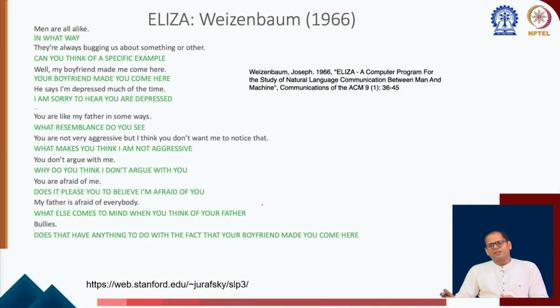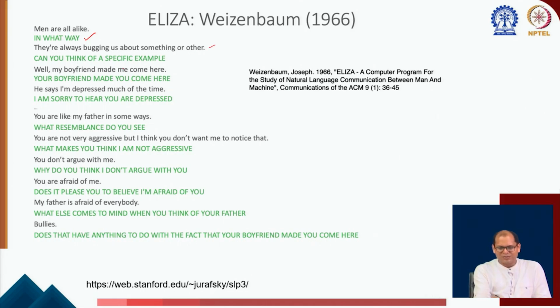Now, the first such conversational agent was built in 1966, called Eliza, and it was built on some very interesting regular expressions. They would look at some expressions and then tend to repeat the argument. For example, here you see, "In what way?"